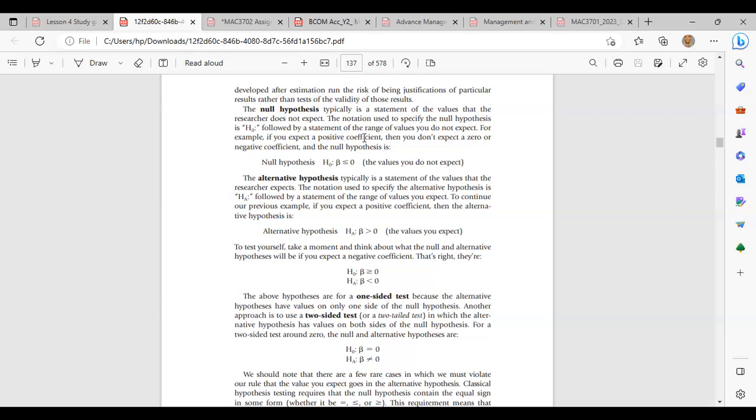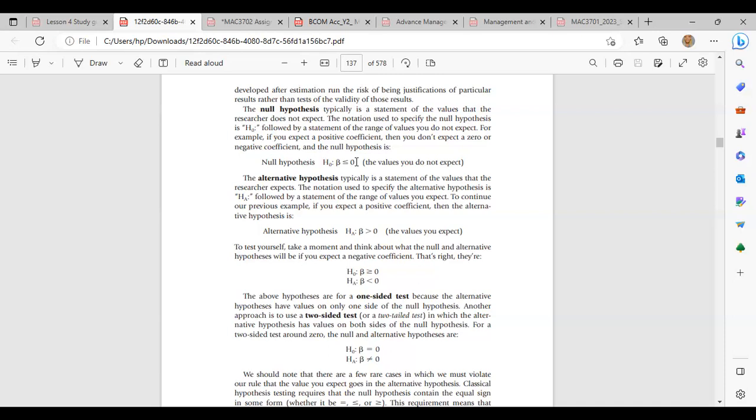So what will your null hypothesis be? You would say your beta coefficient is less than or equal to 0, which is what you do not expect in terms of the supply curve. You expect that your beta coefficient is going to be above 0, which is positive, so you put what you don't expect as beta less than or equal to 0.